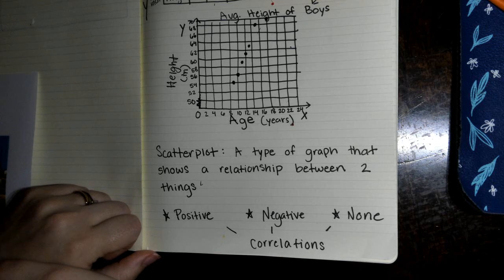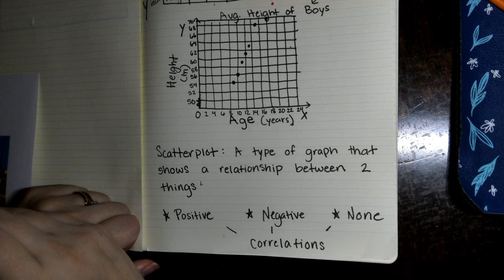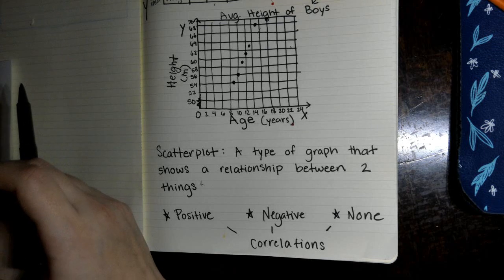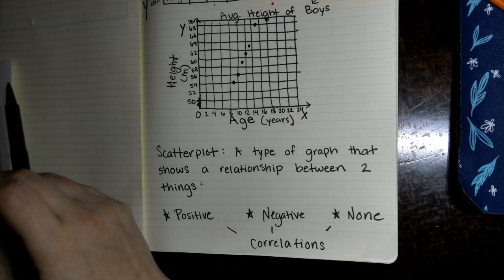They have nothing to do with each other. I can say your eye color and how tall you are, and those two things don't go together, right? Your eye color doesn't control how tall you are. So there are things in the world, obviously, that have no correlation to each other. They have no relationship to each other.